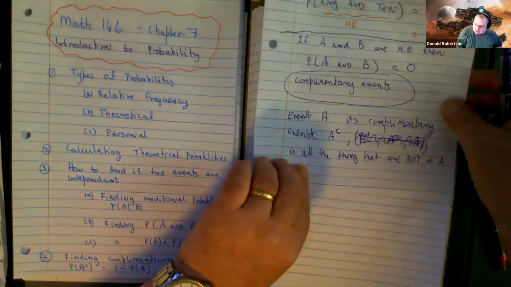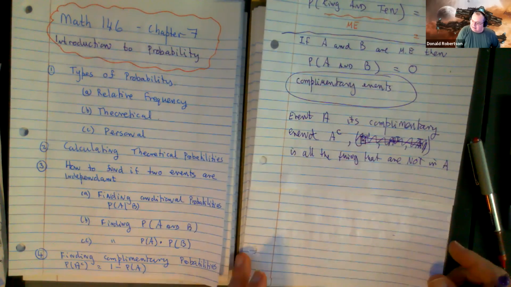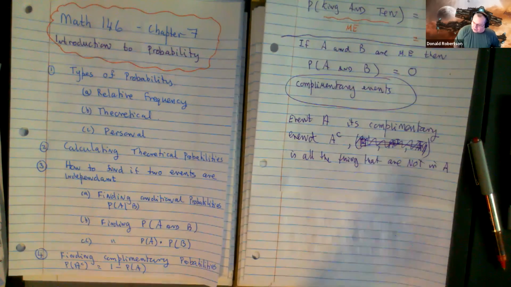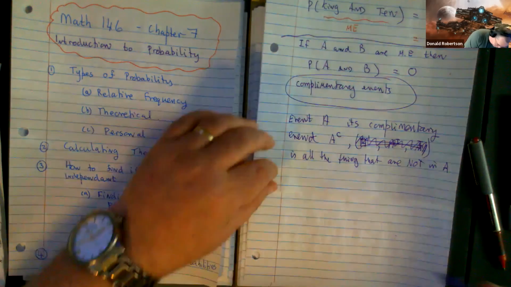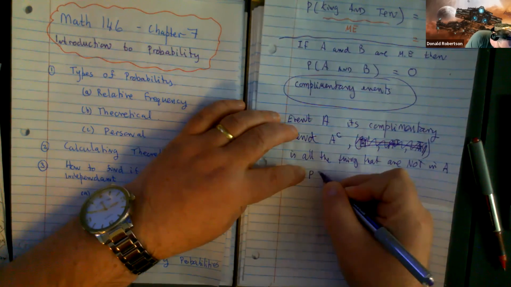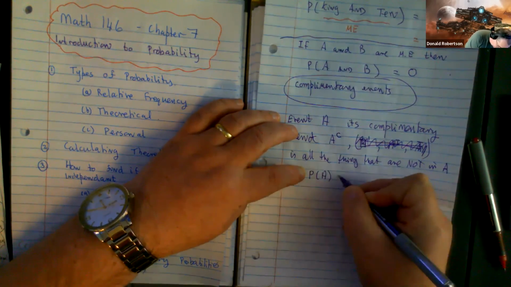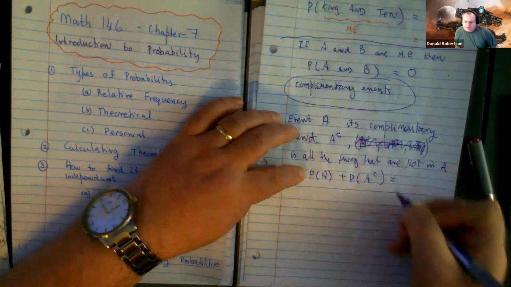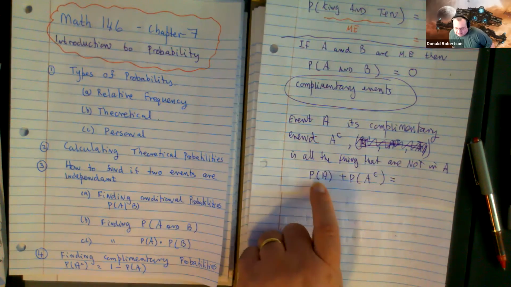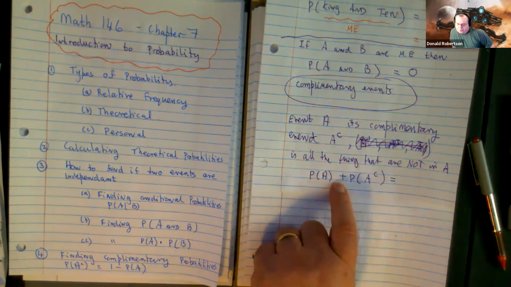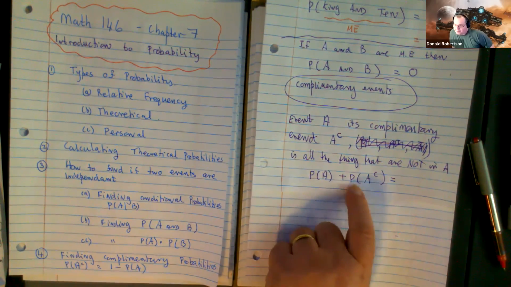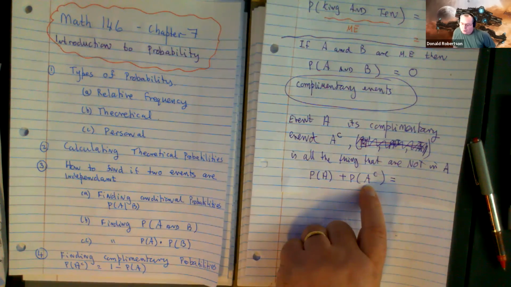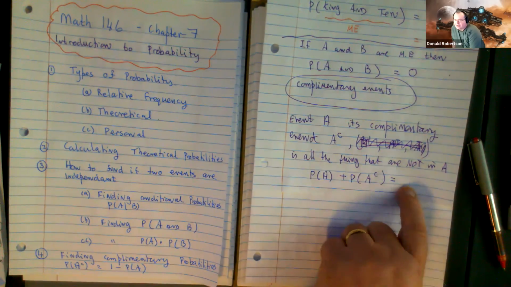And there is a lovely little formula that we've actually used once today. Remember the one about not being a king? You could just add them all up. That was actually using that result. So here is the property that can be used. If you find the probability of an event A and you add the probability of getting the complement of A, not A, what does it always add up to, would you think?